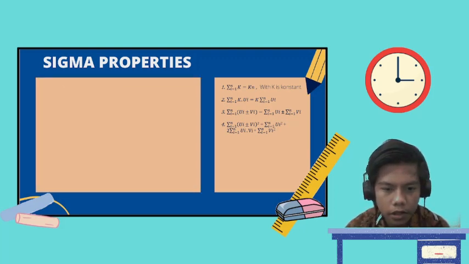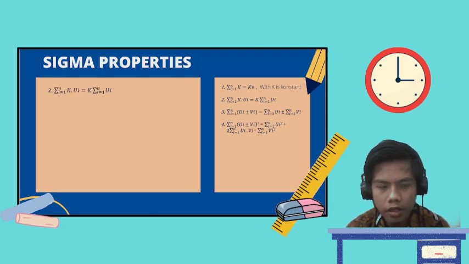Next is property number 2, that is sigma i equals 1 to n of k times ui equals k times sigma i equals 1 to n of ui.